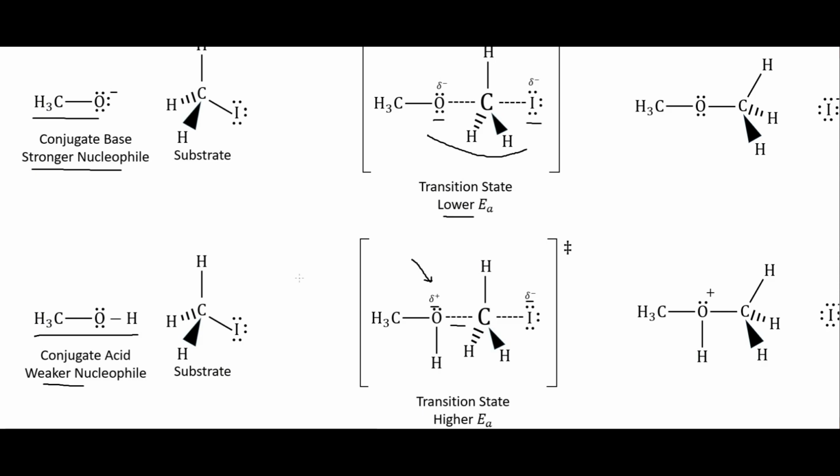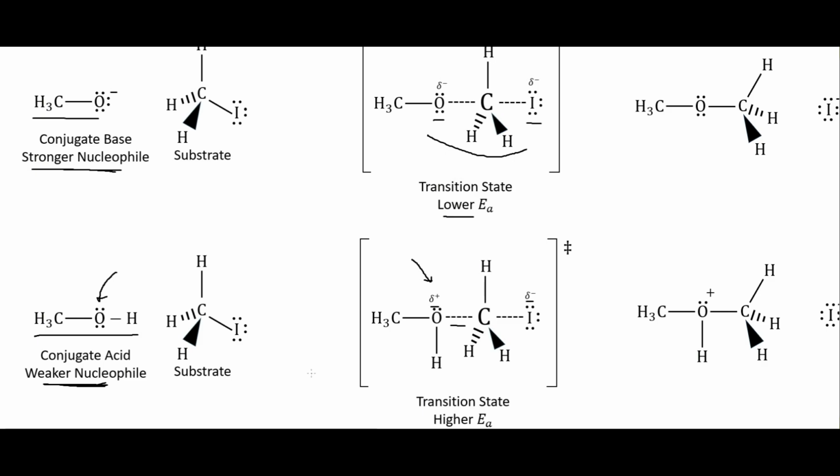And so here we can see that this is a stronger nucleophile, but it's also a stronger base. Over here, we do have these lone pairs that can act as a base, but it's going to be a weaker base, and it's also going to be a weaker nucleophile.